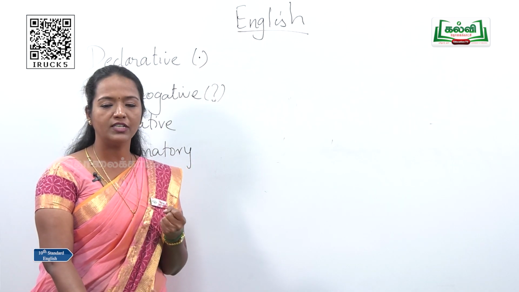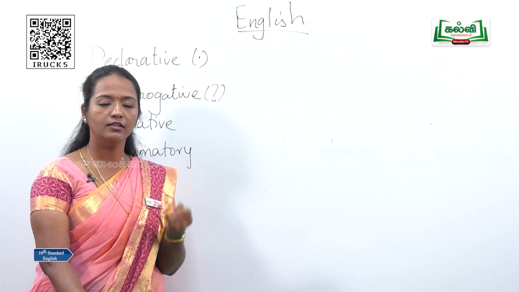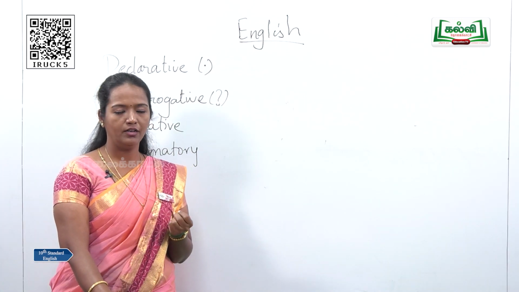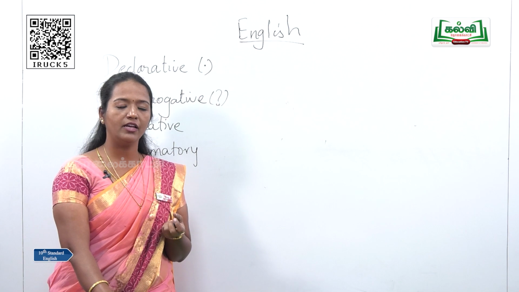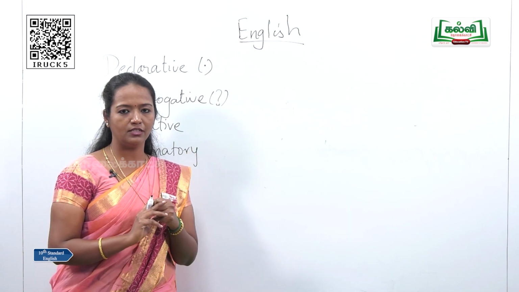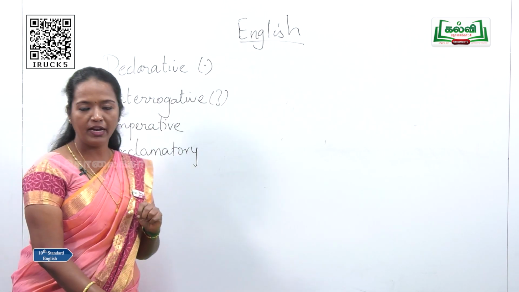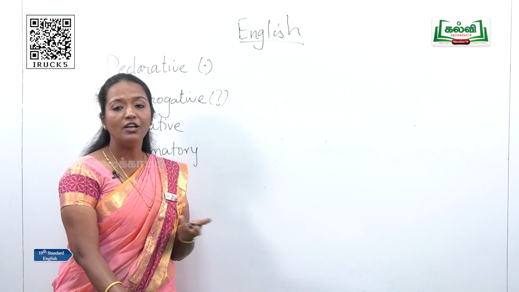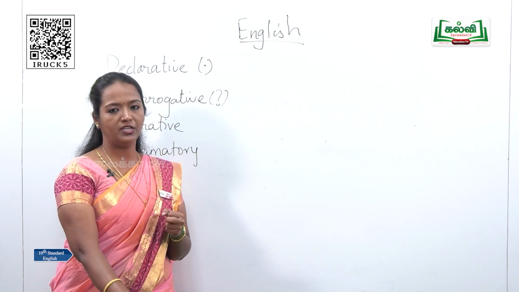What are imperative sentences? They are commands, requests, suggestions, orders, whatever. So when you command somebody to do something, when you are bossing around, those kinds of sentences are known as imperative sentences. Mostly imperative sentences will not have a subject, okay?